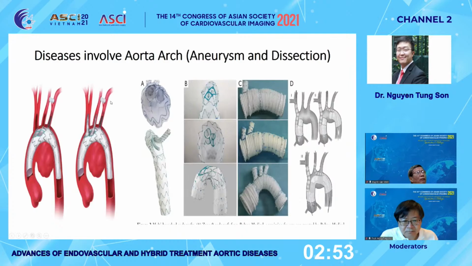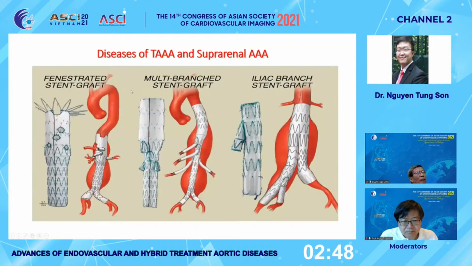It's not available in Vietnam now, but I hope in the future. And for some disease of the TA and supra, you have to use some multi-branch, iliac branch or fenestrated stent graft, but now it's available in Vietnam, but the price is so impressive. That's why I don't try it now.